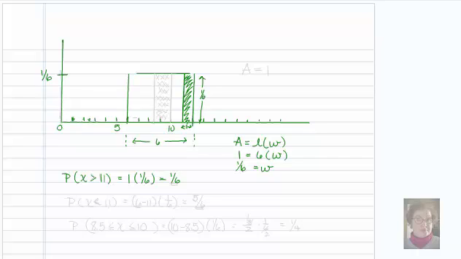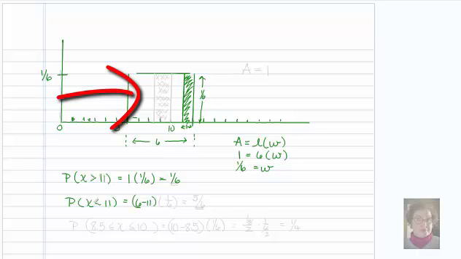Let's look at another one. What's the probability that the weight loss will be less than 11 pounds? Well, we know since the area under the curve is 1, and less than 11 pounds would be down here, then I know that's going to be 11 minus 6, the width, times the height, which is 1/6.